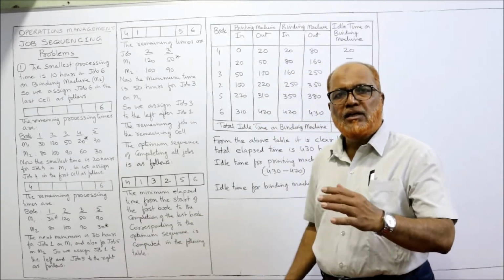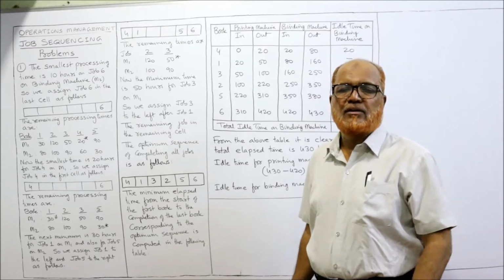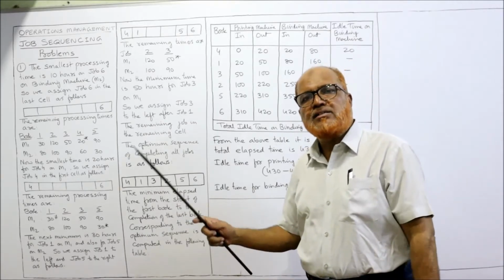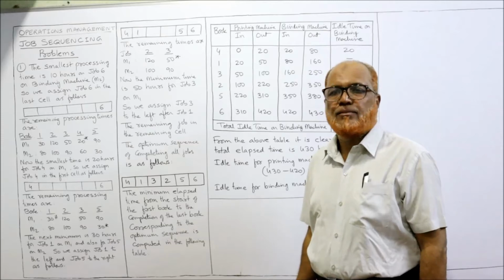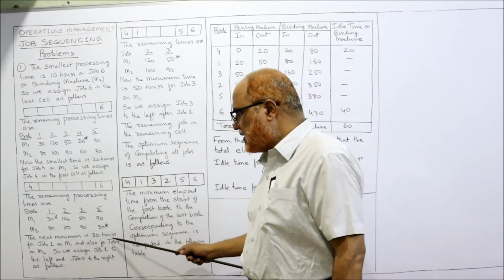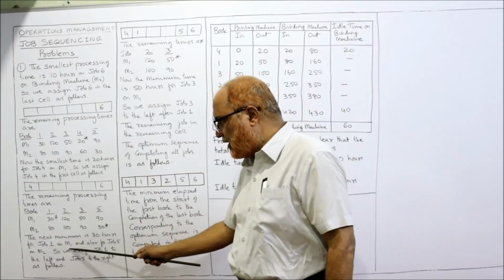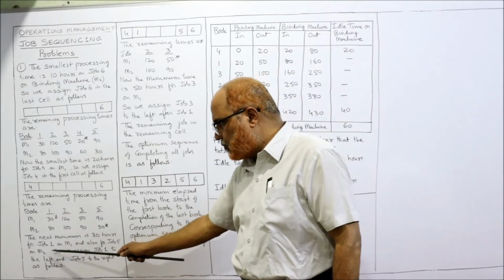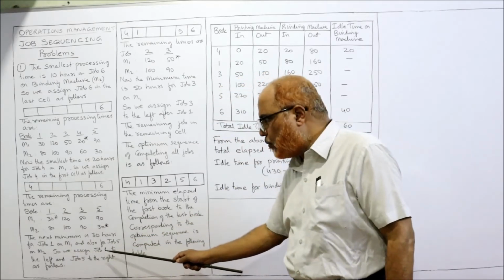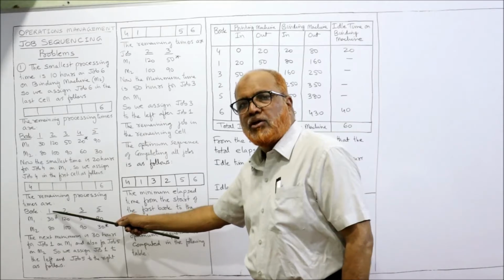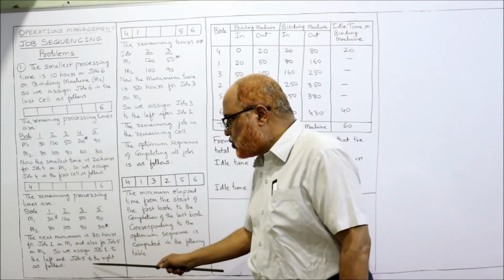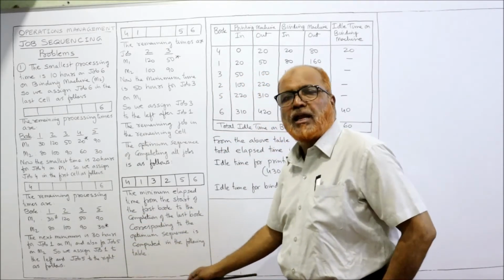M1 is there, give the assignment from the left, and M2 is there, give the assignment from the right. So we assign job 1 towards the left and job 5 to the right.